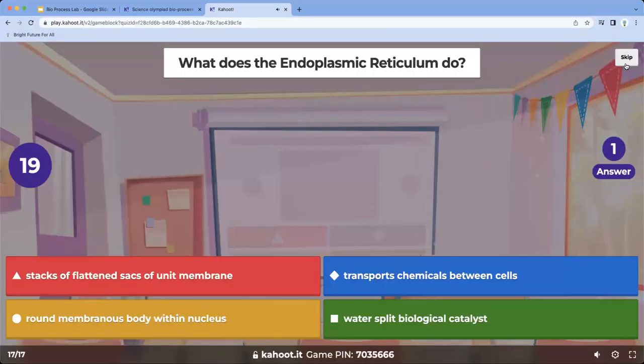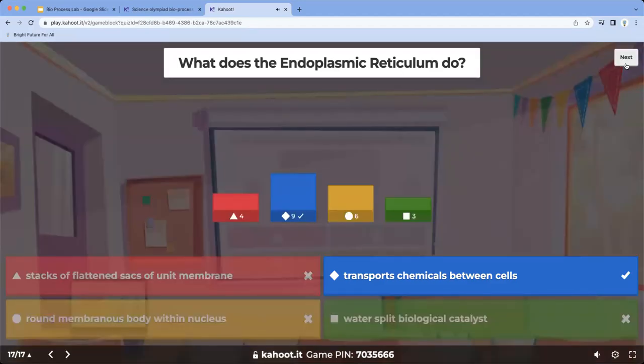The ER, the emergency... Well, they should have specified. Oh, this is not what it does. It's more like what it is. I'm confused. Wait. Okay, so isn't that the job of like the vacuole or something?